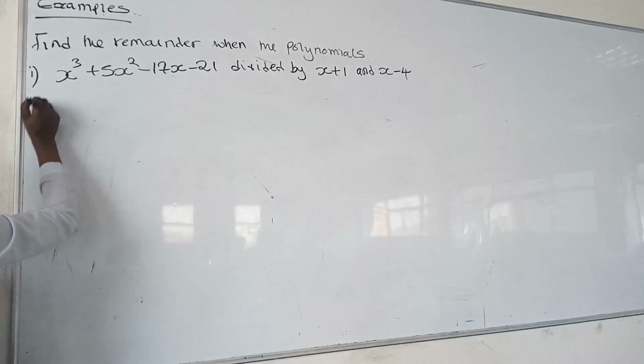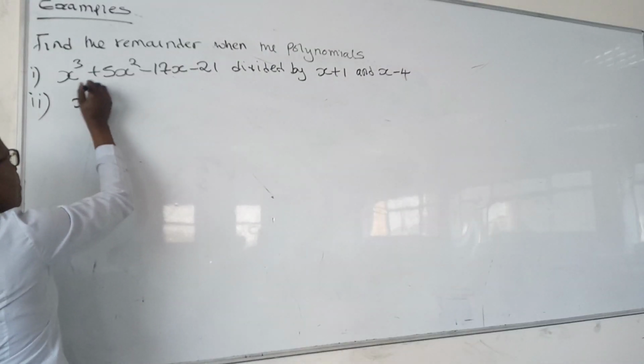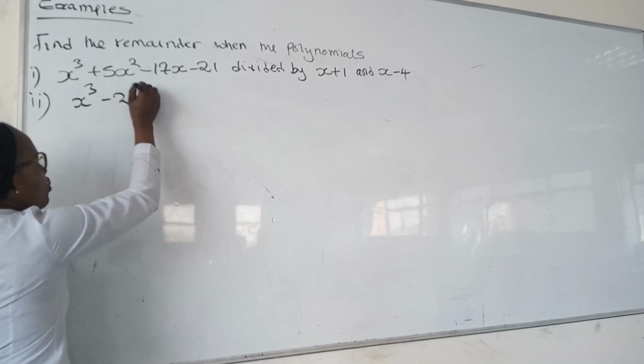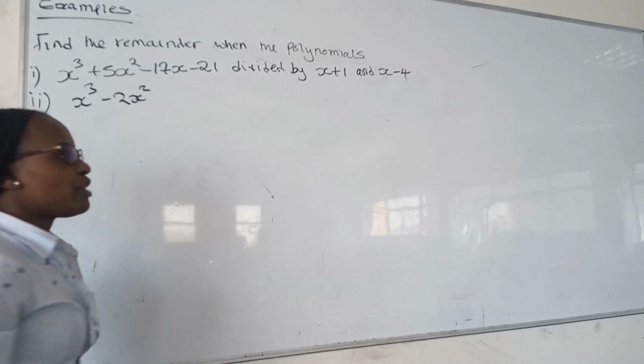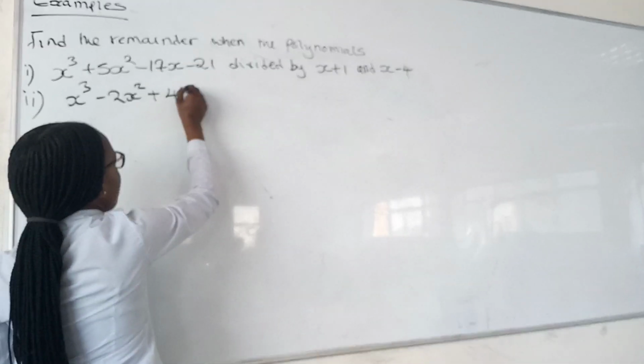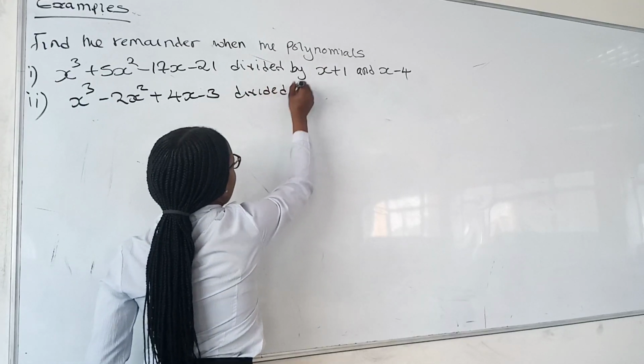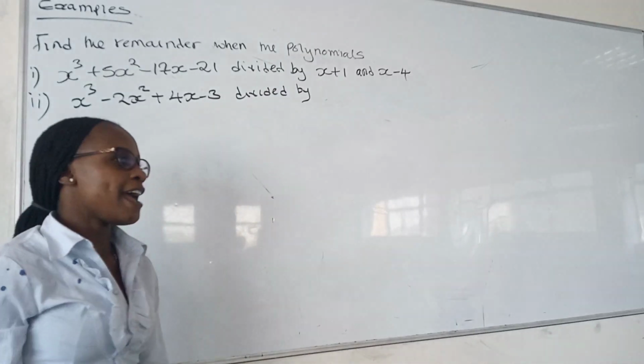Then the second one, we have another polynomial which is x to the power 3 minus 2x squared plus 4x minus 3, divided by x minus 3.